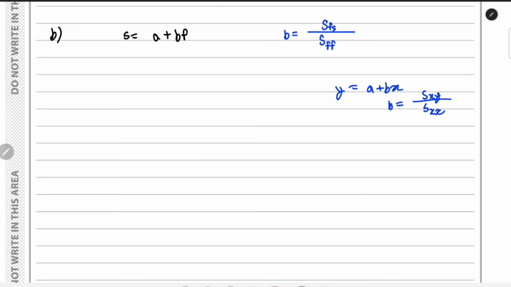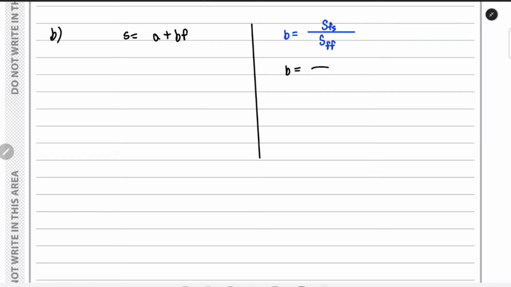So if we change x and y into f and s, we'll get Sfs by Sff. So we can calculate b over here.